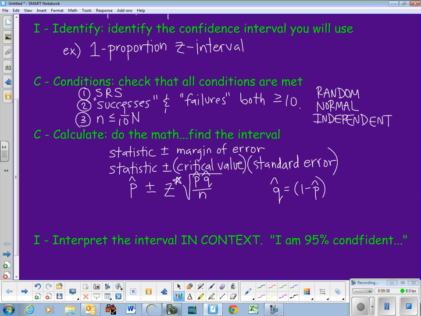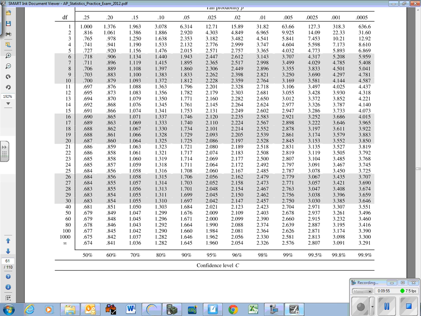All right, so here's the calculations. The only numbers you know are sample size and what percentage of your sample was a success, and now what's up with this Z star. All right, hang on, I'll show you what's up with Z star. If you look at this table, which is on your Goldie and Pinky, and it's in your book, it's nothing really that you don't already know about.